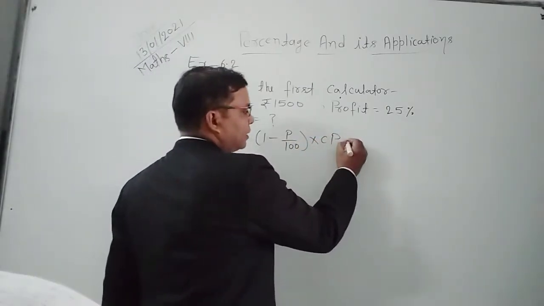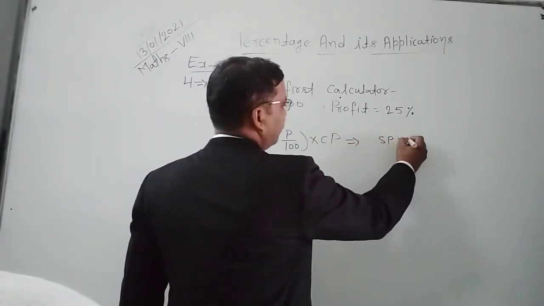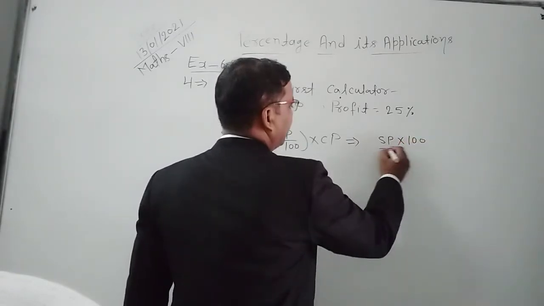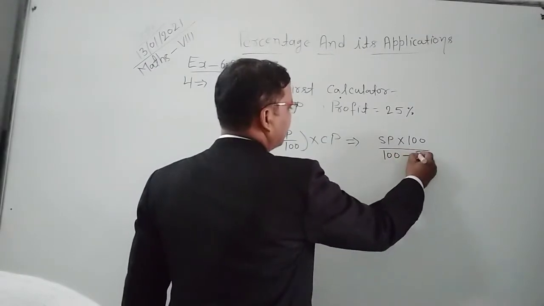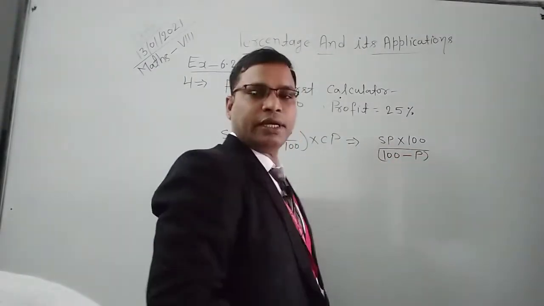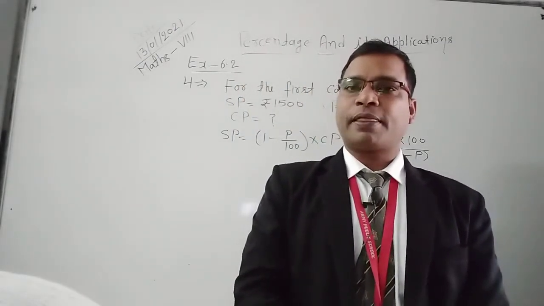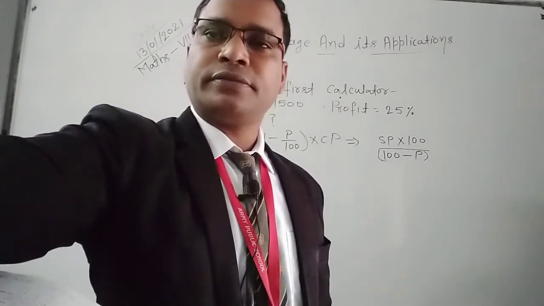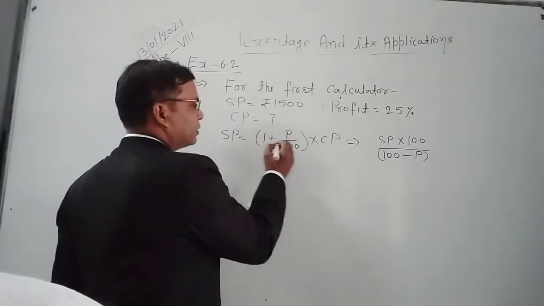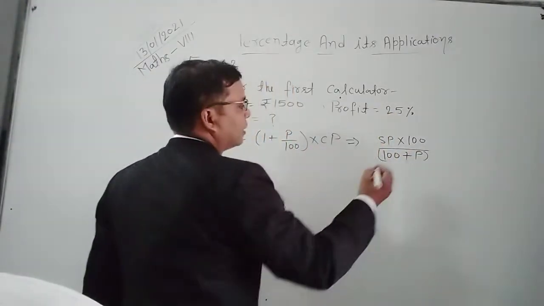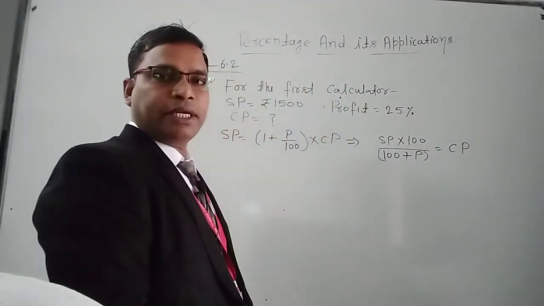And if you want to find CP here, you can write SP into 100 divided by (100 minus profit). Clear? This is the case of profit, so here it is plus, not minus.